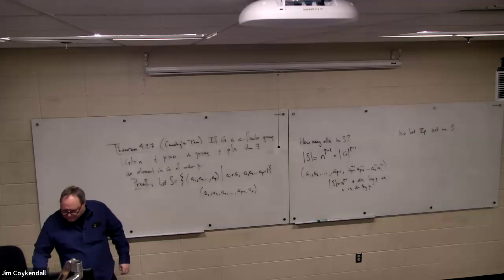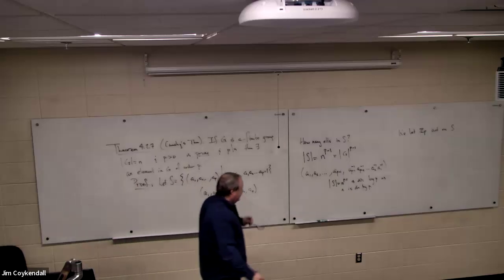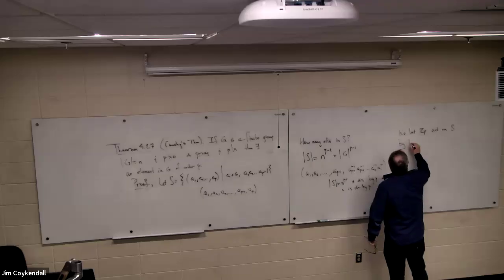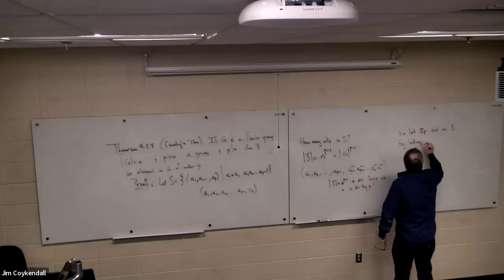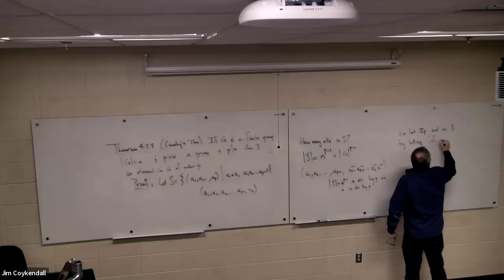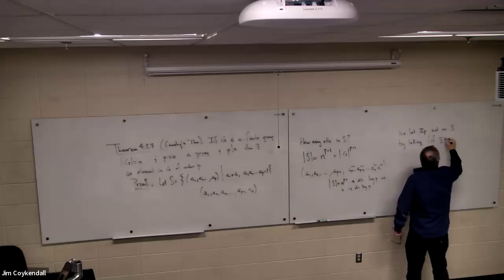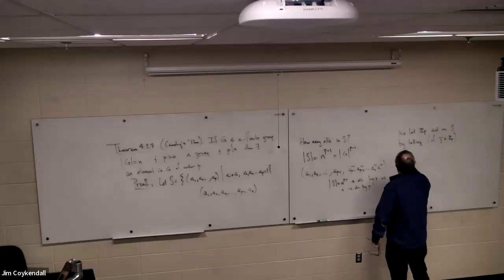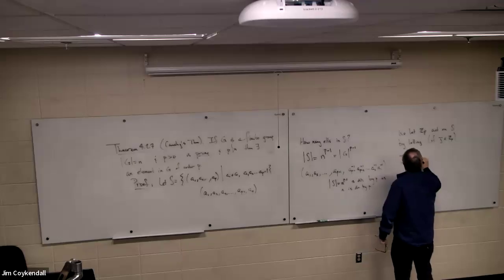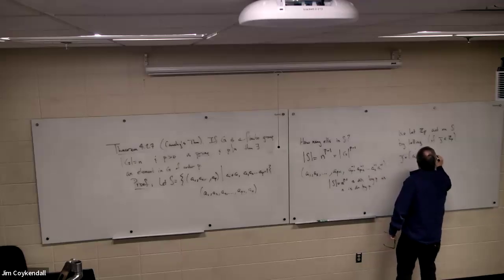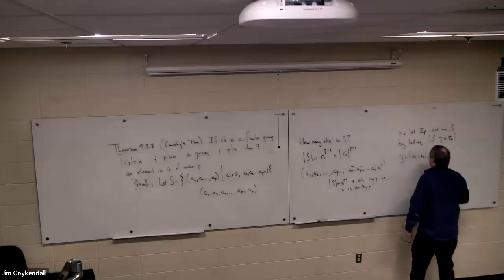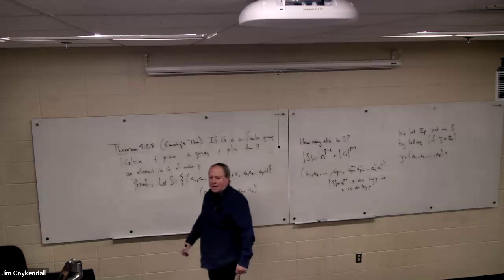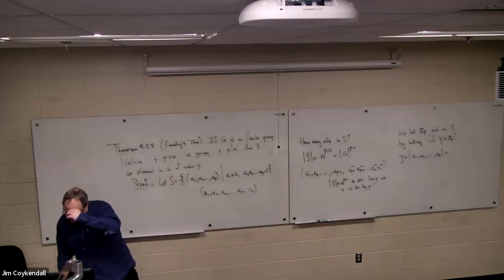Well, if J bar is in C_P, then J bar acts on A1, A2, ..., AP by shifting it that many steps.